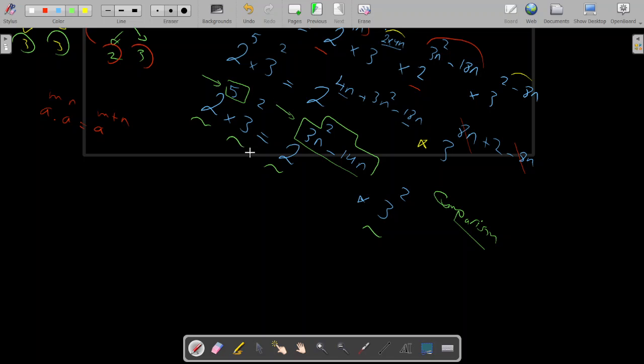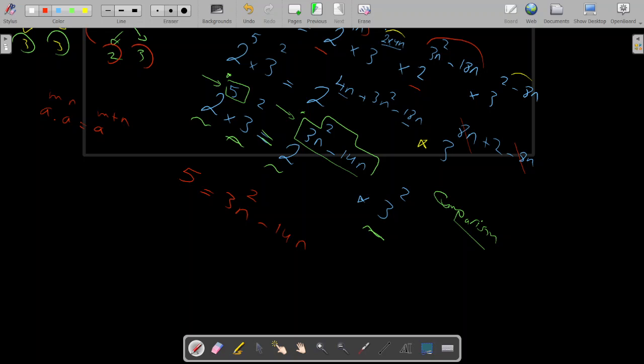Because we have an equal sign here, and it seems that we have base of 3 here, base of 3 here, we can say that the power of this base and the power of this base, we can compare them and make them equal. So the idea is this. Since we have a comparison, the 5 is going to be equal to 3n squared minus 14n.